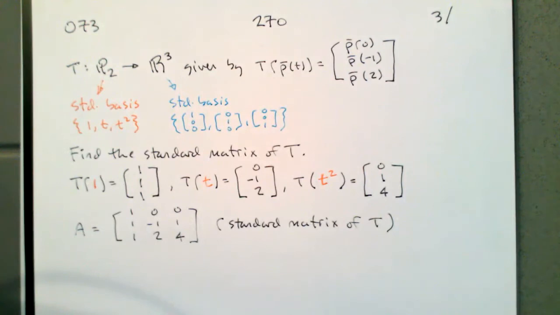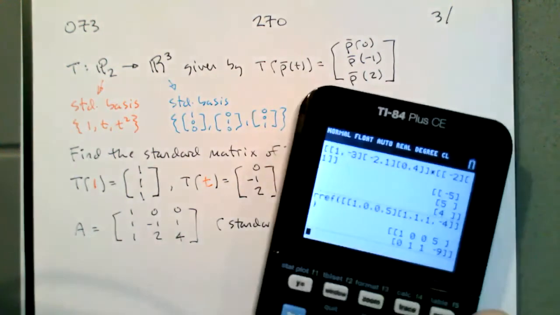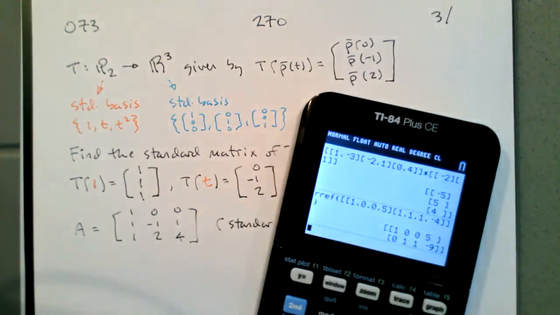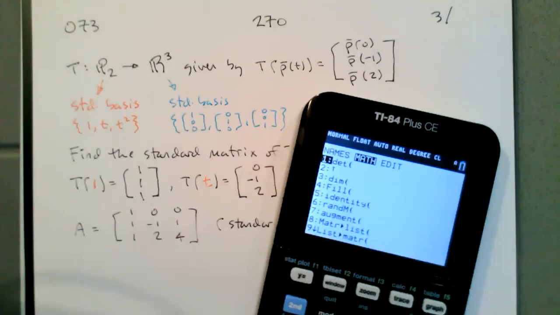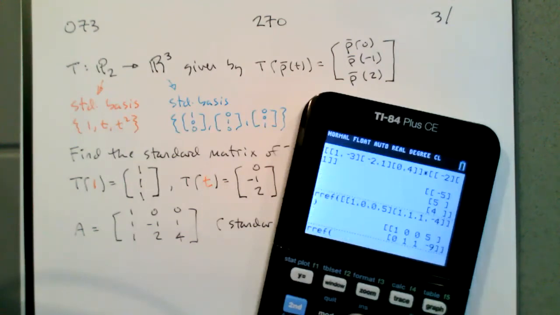So we're going to want to know some stuff about this standard matrix, so that we'll know something about the transformation. So let's find the reduced echelon form of this matrix.